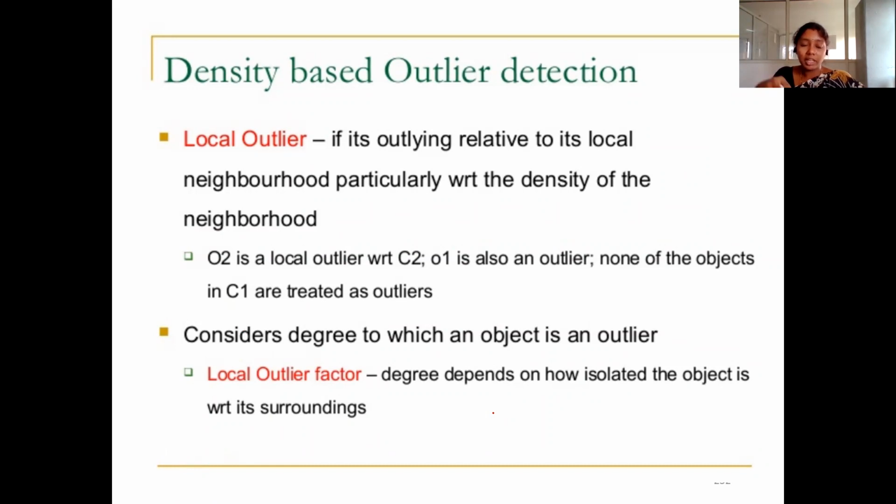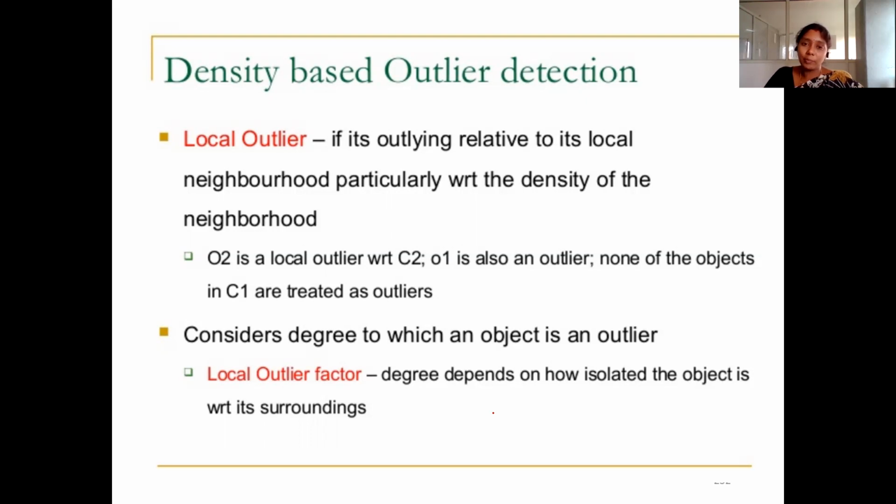So here, in density-based outlier detection, it not only finds whether an object is an outlier or not, yes or no. It also finds the degree to which an object is an outlier. To what percentage it is an outlier, and to what percentage it may not be an outlier. So if an object is a local outlier, with what degree is it a local outlier?